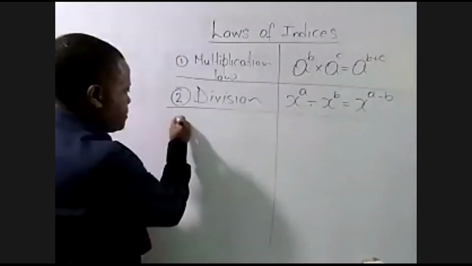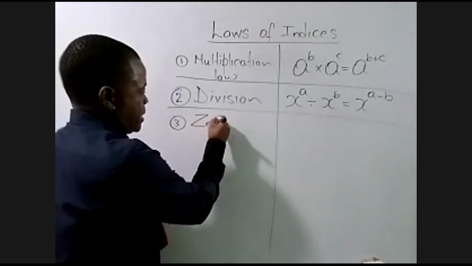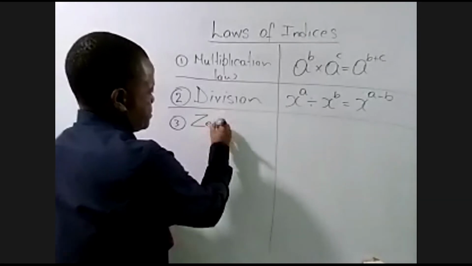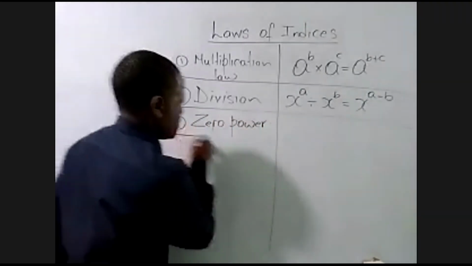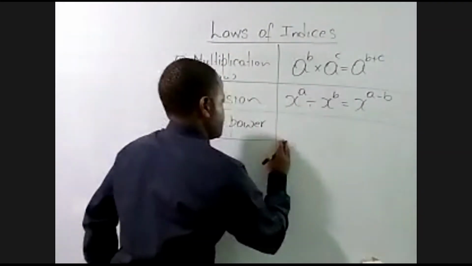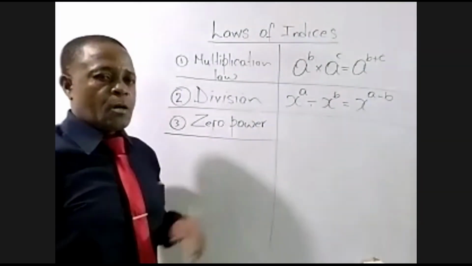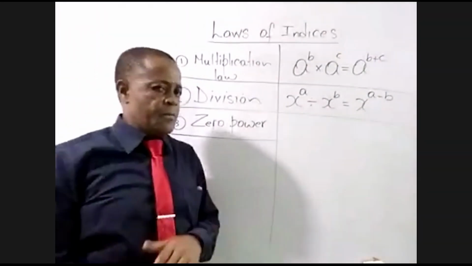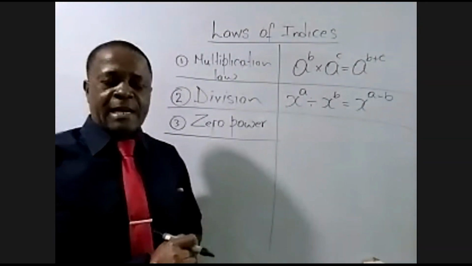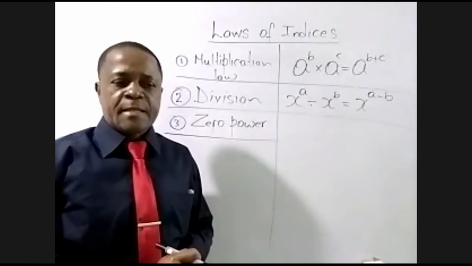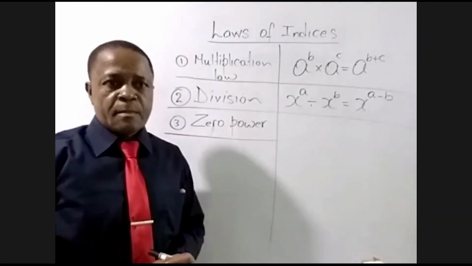Now the third one, I'm going to go straight ahead and tell you that we're looking now at the 0 form. Now, in your math class, anyone would say to you that any number raised to the power of 0 is equal to 1.